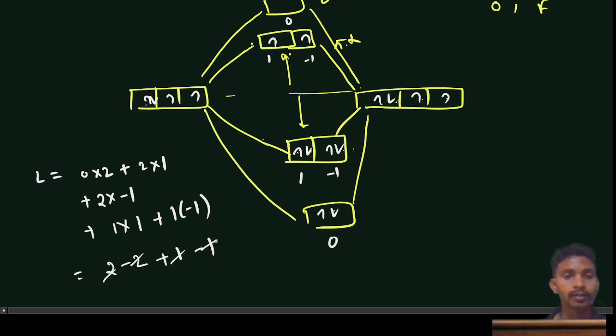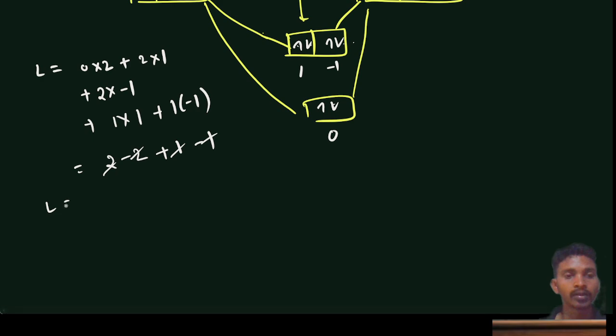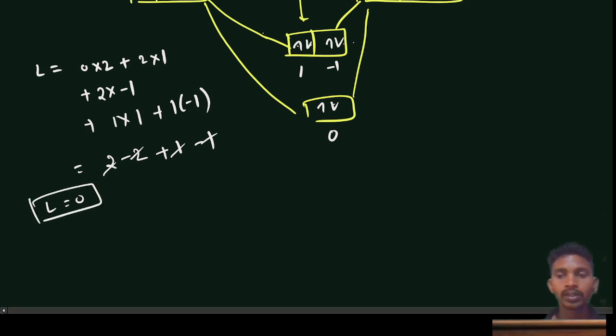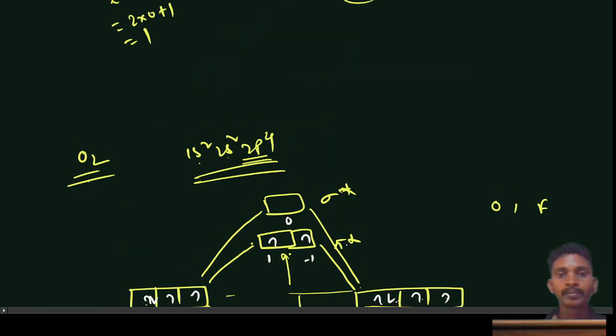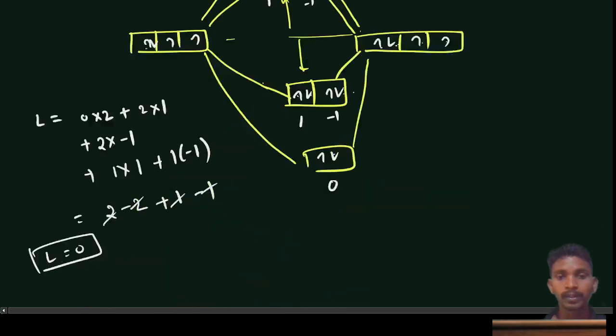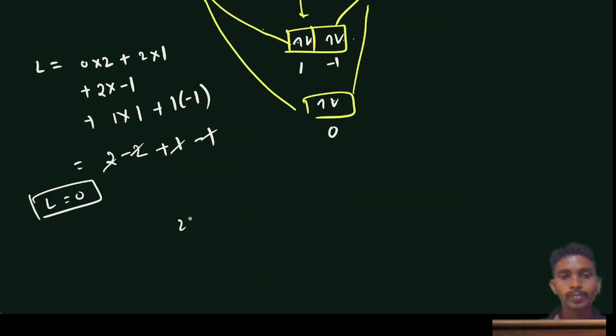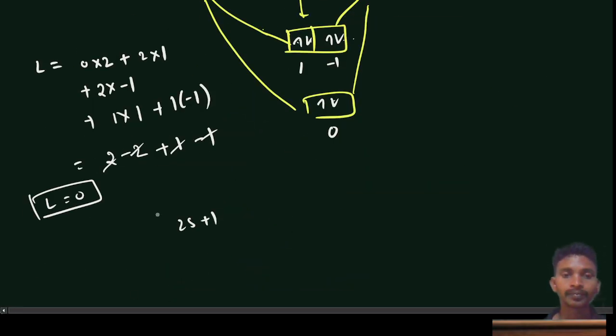So all are cancelled. So L value is 0. If L value is 0 and it is in a sigma orbital, then it is always plus. If it is pi star or pi orbitals, then we will look at 2S plus 1. Now we look at the S values.